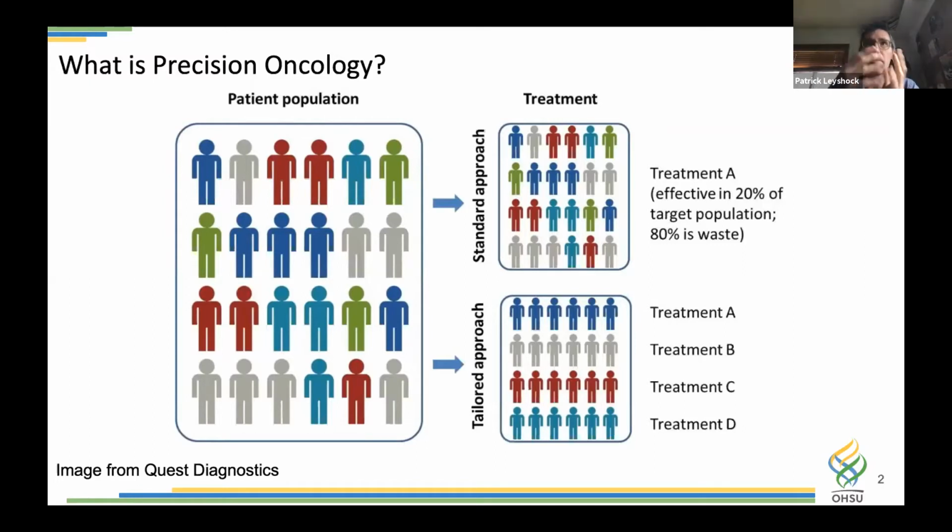This is a fairly straightforward approach. Again, there are exceptions, but the tumor shows up in the liver, you're given this treatment. Tumor shows up in the lung, you're given this other treatment. So this approach works, with exceptions, but this is the general practice. That's not precision oncology.